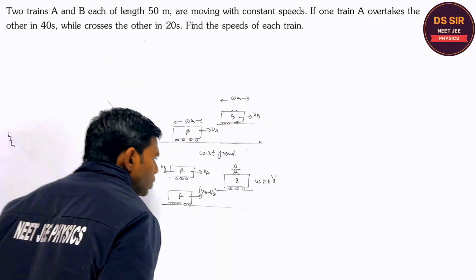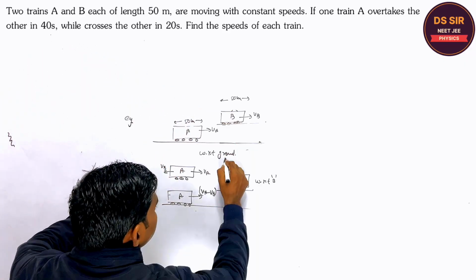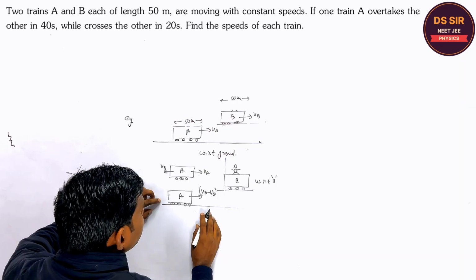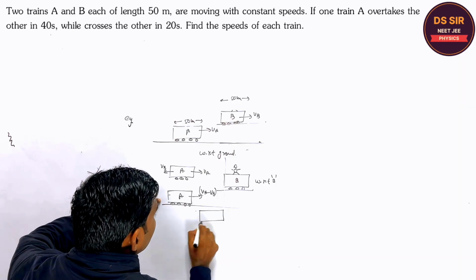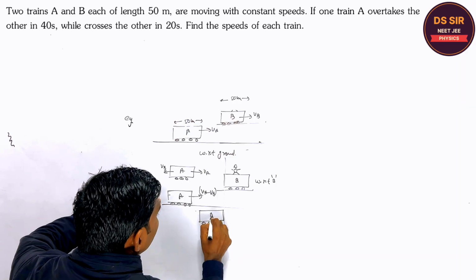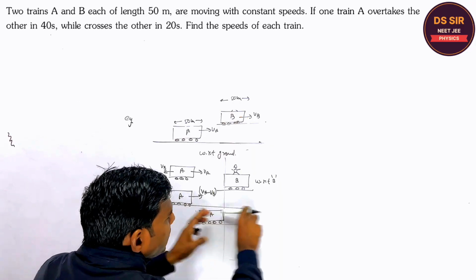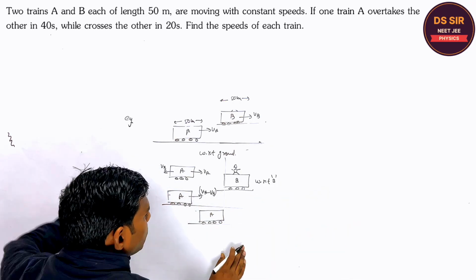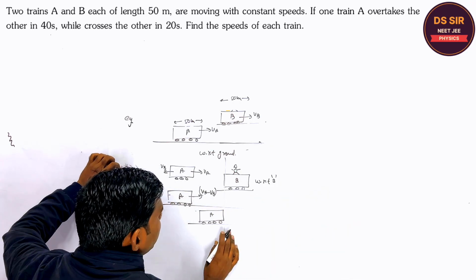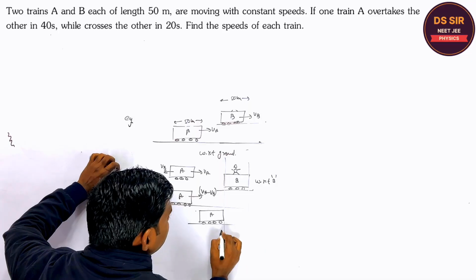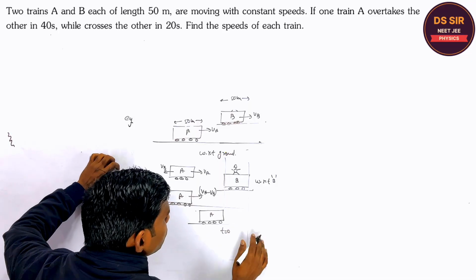You tell. So in overtaking, when the car reaches this point A, what is the speed? In overtaking, the speed is VA minus VB, and it starts at t equal to 0.